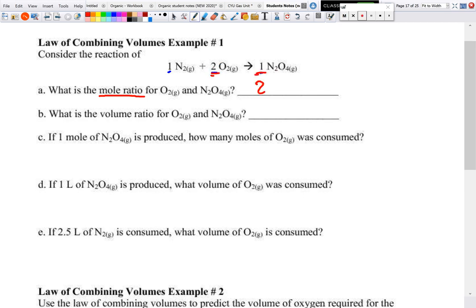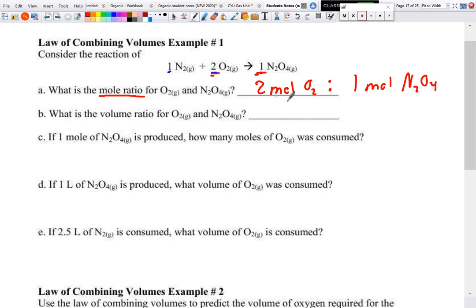So we have 2 moles of O2 for every 1 mole of N2O4. You notice this ratio, we touched on this again when we did conversion factors, that we have ratios to relate things. This is where we're going with this, that we're creating a ratio so we can convert two different units.